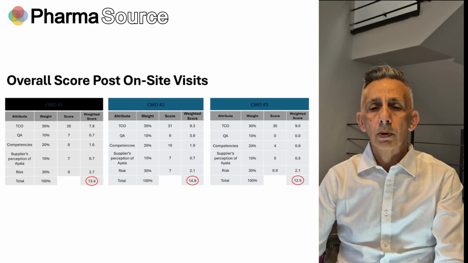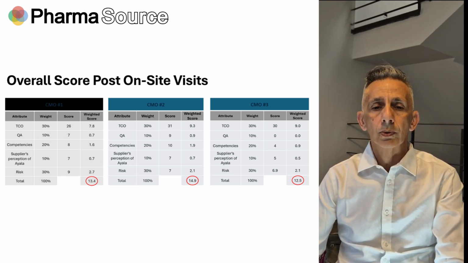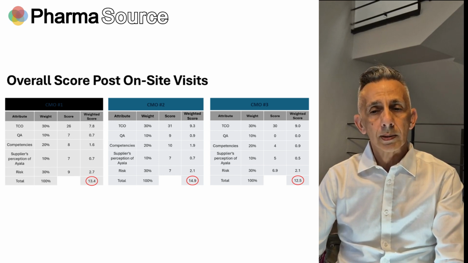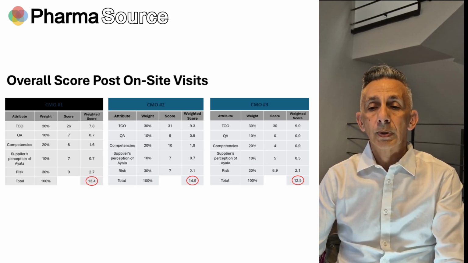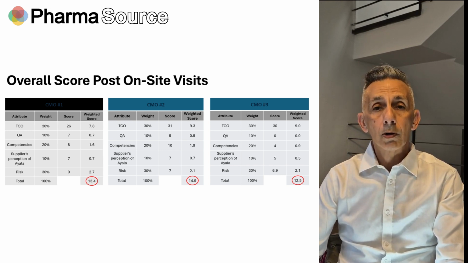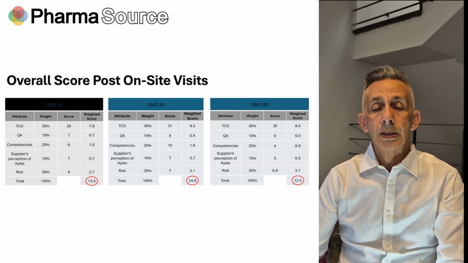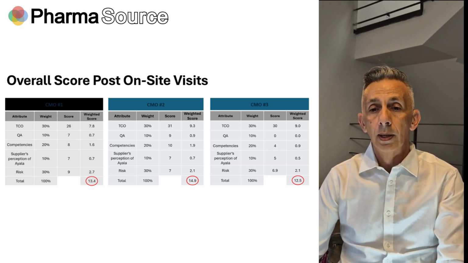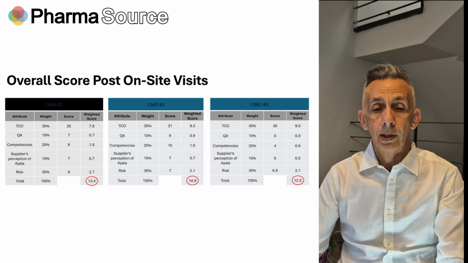Since the overall scores are not apparently very different, it is necessary to review the individual attribute scores. CDMO number 3, for example, was not in compliance. Its QA result was a weighted score of 0. The total cost of ownership is slightly better for CDMO number 2, but significantly better compared to CDMO number 1, 9.3 versus 7.8.